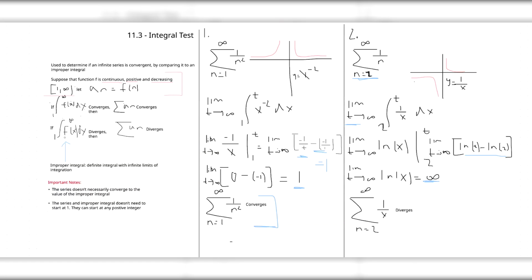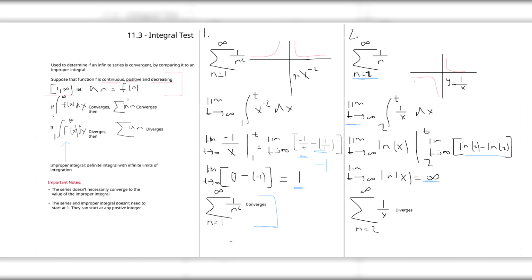So suppose that the function f is continuous, positive, and decreasing, but only on this interval here, 1 to infinity. Then we can let a sub n be equal to f of n and use the integral test.